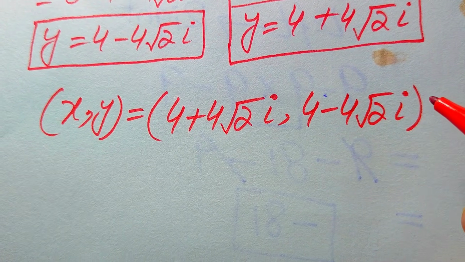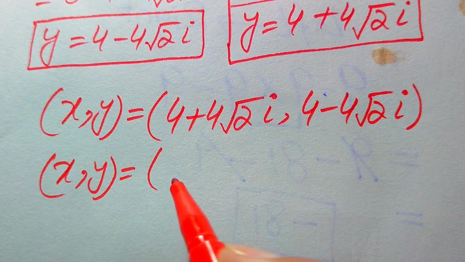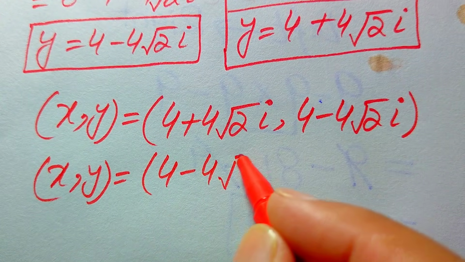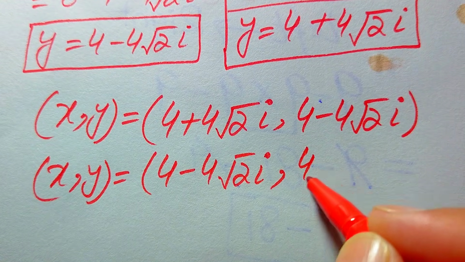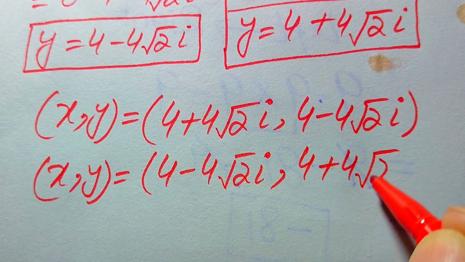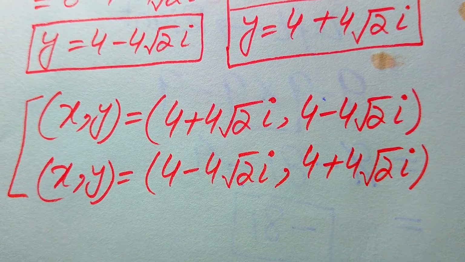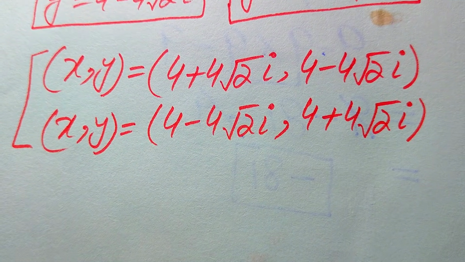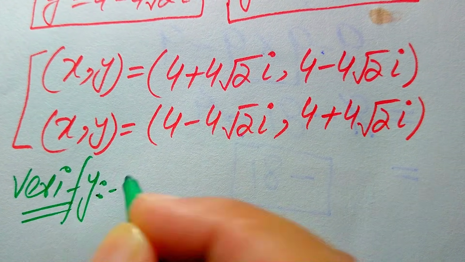The second root is x equals 4 minus 4 times the square root of 2 iota, and the corresponding value of y is 4 plus 4 times the square root of 2 into iota. So these are the two roots of the given equation which we get in this method. But now in the next step we need to verify whether these roots are solutions or extraneous roots.